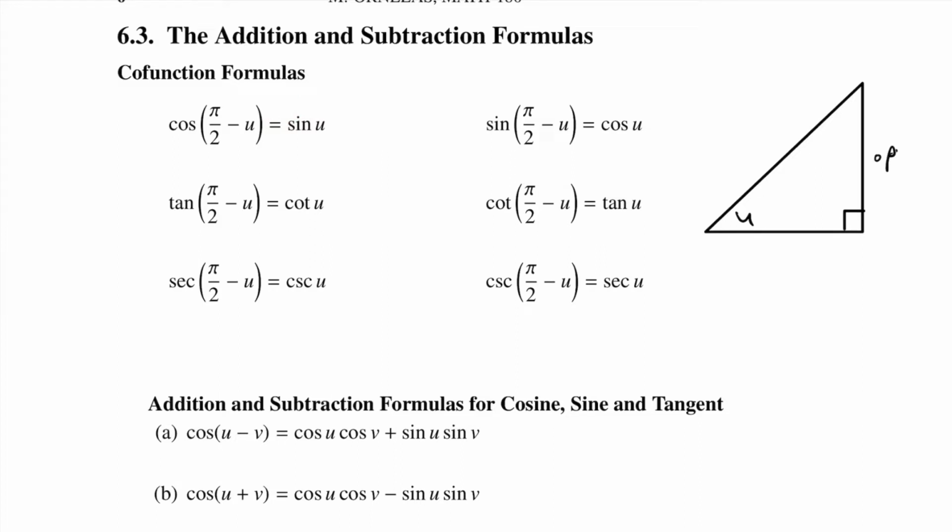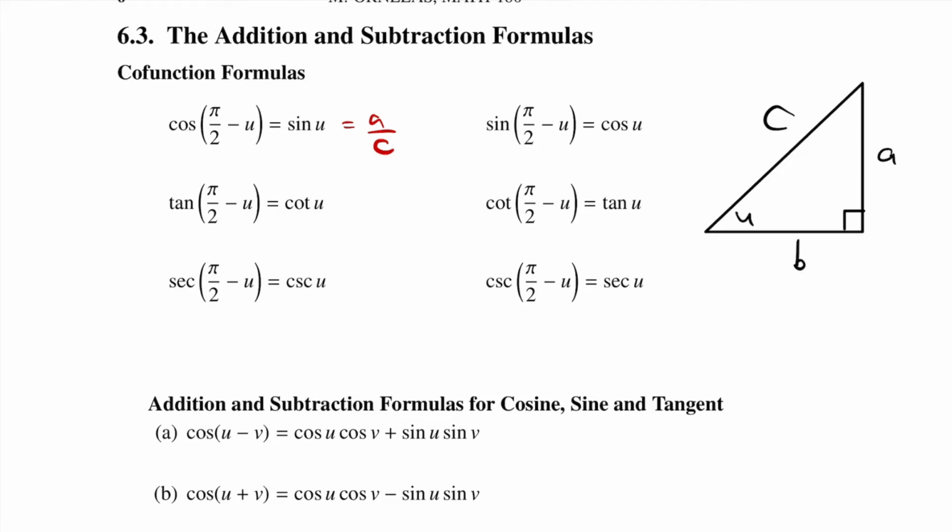The sine of U, if we label the triangle ABC, is going to be opposite over hypotenuse, so A over C. Well, let's find this other angle. Because the angles have to add up to 180, this is really 90 minus U, in order for the three angles to add up to 180.